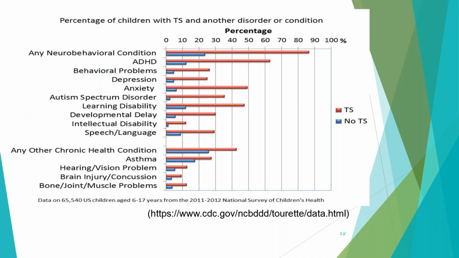I like this slide because it contrasts what we were just talking about. If you're looking at your run-of-the-mill students that just have some of these disorders, ADHD, depression, anxiety, and you contrast it with the percentage of our kids with Tourette who also have these disorders, the red bars are out of proportion for our kids with Tourette, compared to just those run-of-the-mill kids.